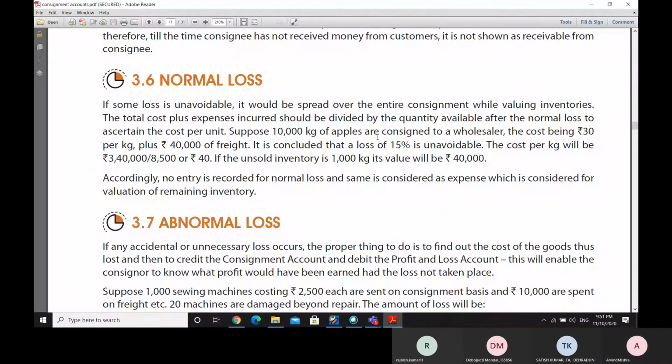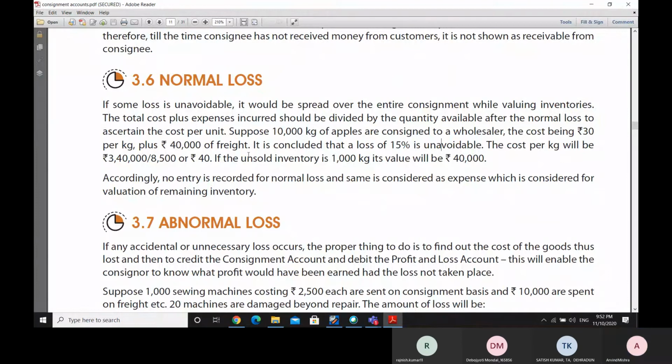If we take the cost of those apples, 30, we multiply 30 with 10,000. That gives us a value of 3 lakh. And then we add 40,000 as freight. So 3,40,000 is the total cost of 10,000 kg of apples. This divided by the number of apples remaining gives us a cost of 40 rupees per kg after the normal loss.